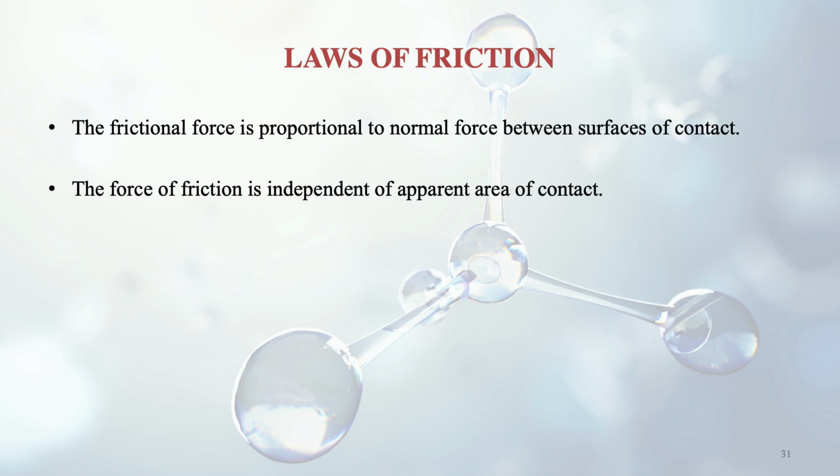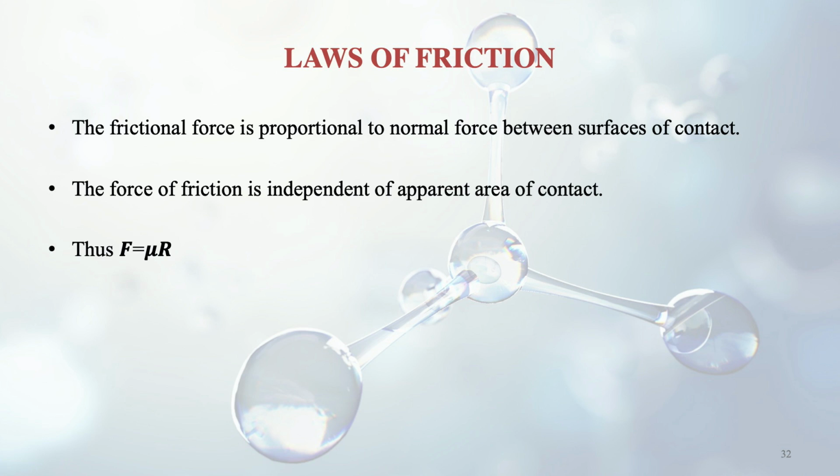The second point is that the force of friction is independent of the apparent area of contact. So the force of friction is actually not dependent on the surface area of the surfaces in contact with each other; this area doesn't affect the force of friction.